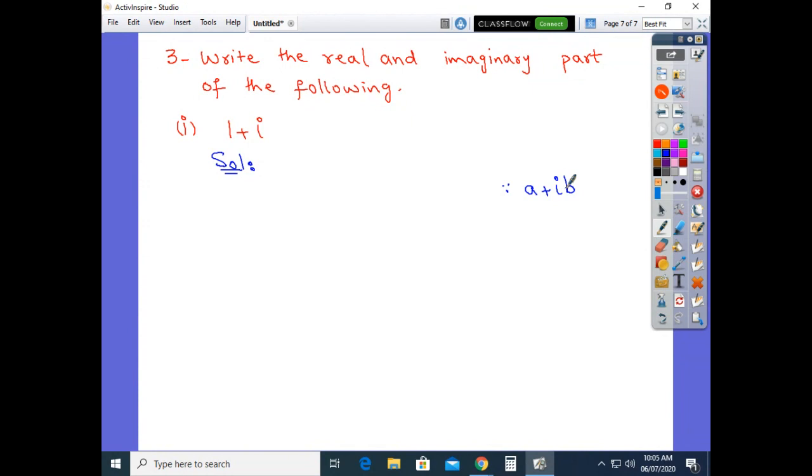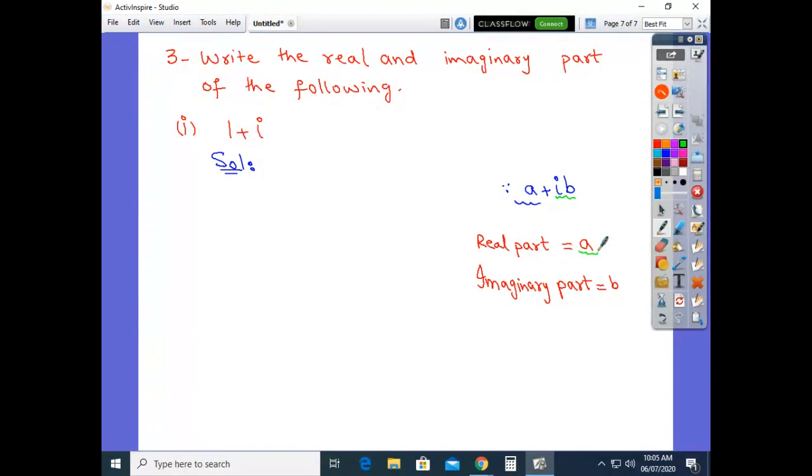Here a is its real part, and b is the imaginary part, which means that the number which contains iota is the imaginary part, that is b. The number which does not have iota is the real part.